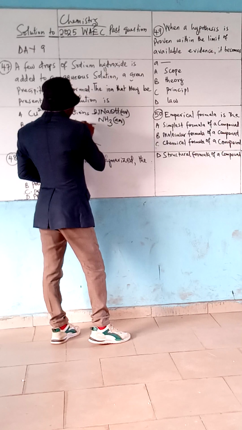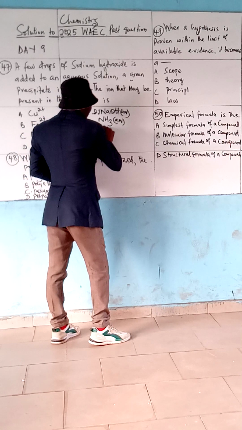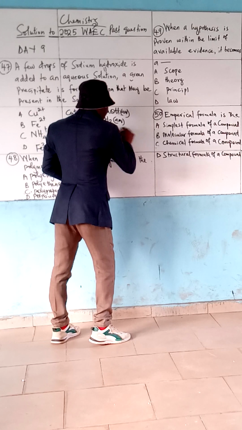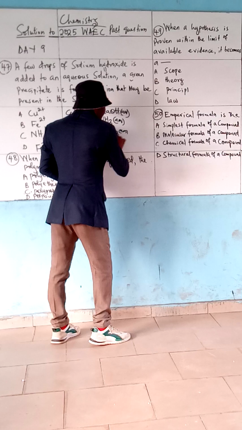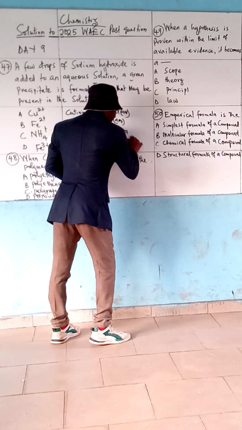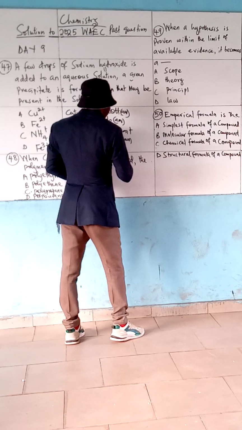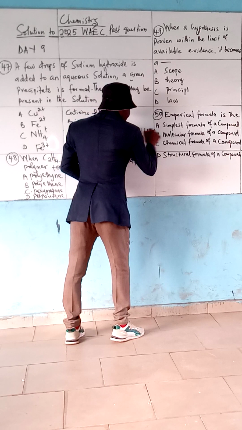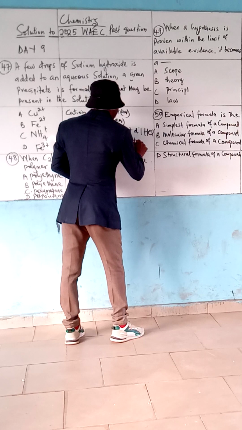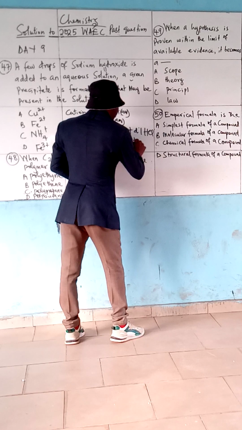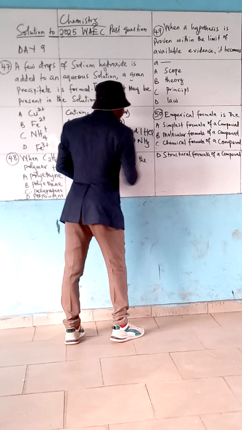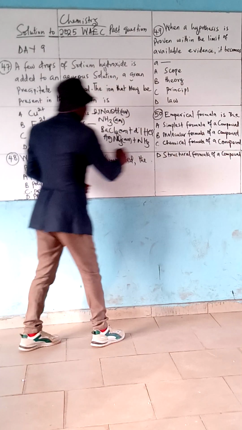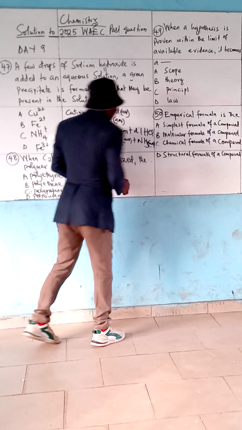Then for identification of anions, of course, barium chloride solution is used. AgNO3, that is silver nitrate, which goes together with our dilute HCl also, and NH3. This can also be done with ammonium hydroxide. Apart from aqueous ammonia, ammonium hydroxide can also go.